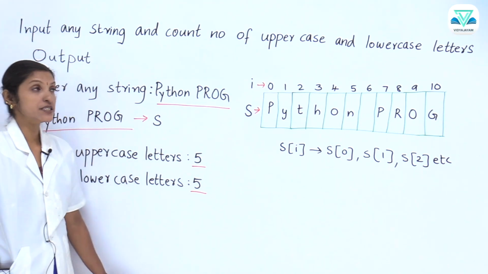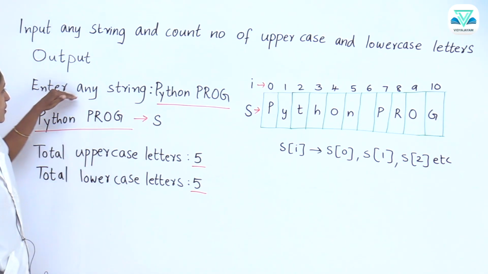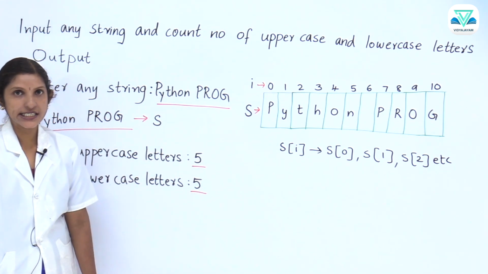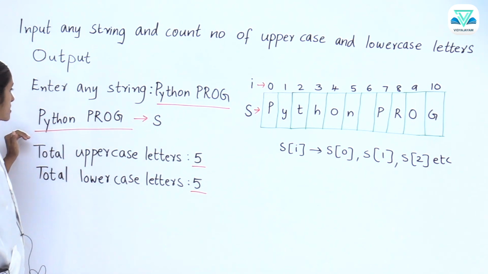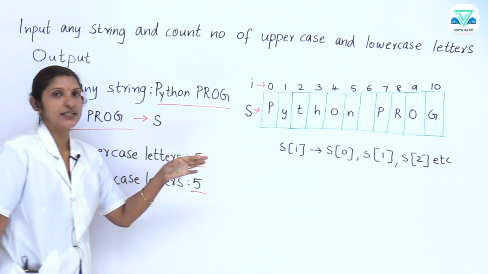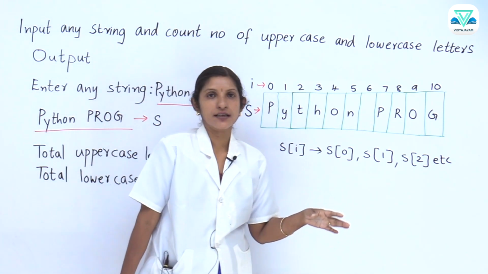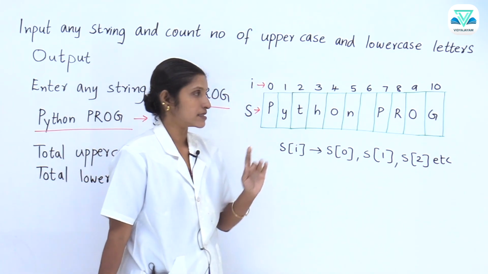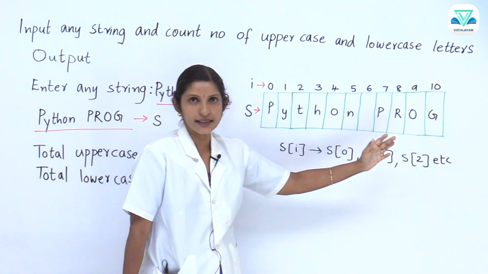Regarding the output of this program, after we enter the string, for example, Python PROG is our string. Consider that we are going to store it in s. According to the example, the string name is s, so we are going to store the string in s. We can see here how the memory is getting managed.